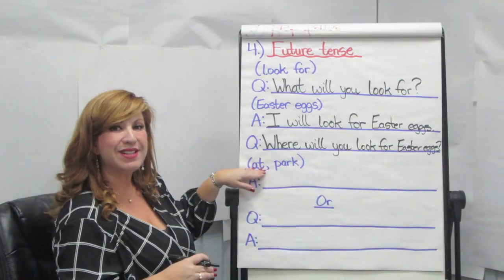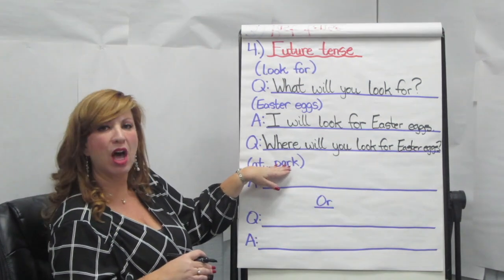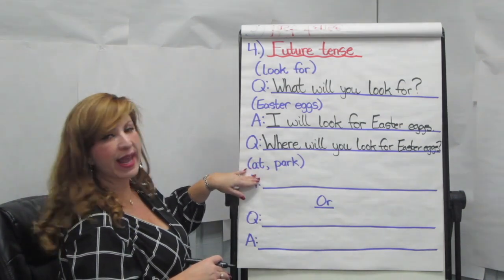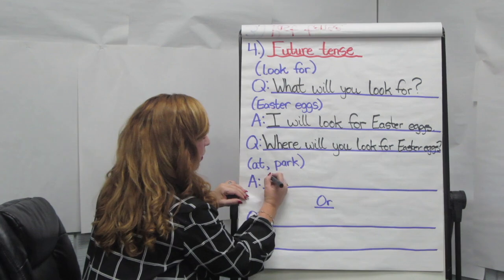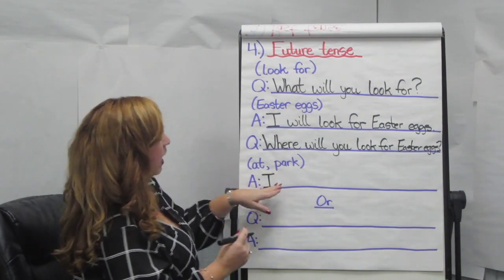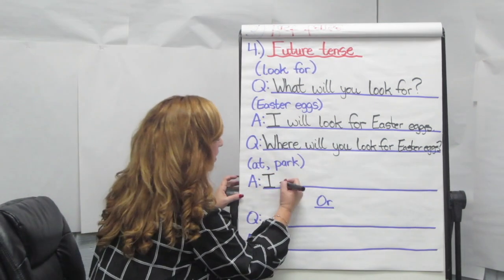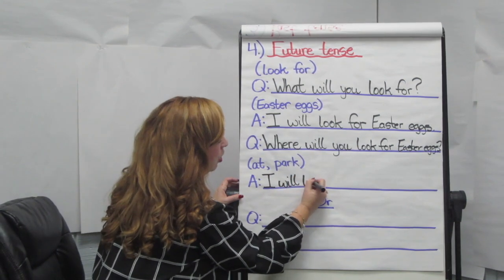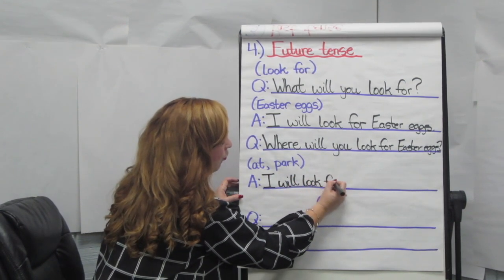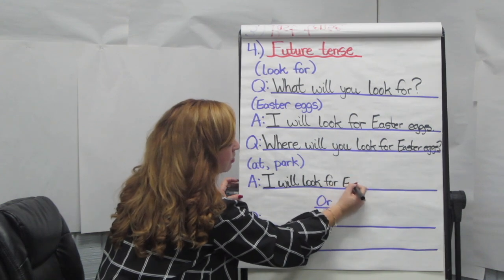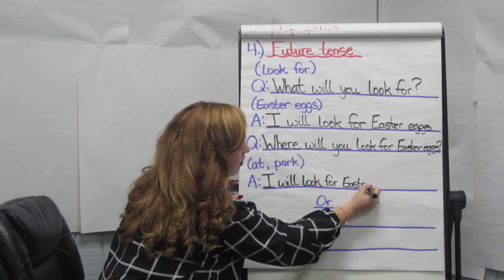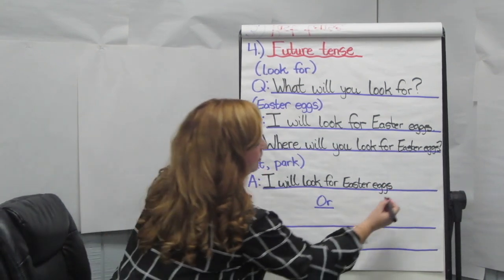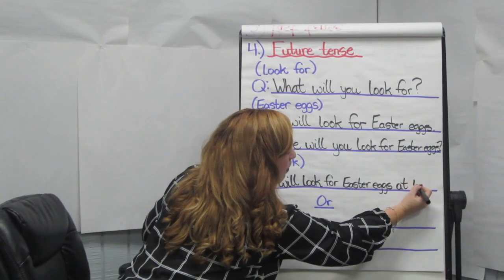And my preposition is at, and the object of the preposition is park. So when I answer, I'm going to answer with I. Again, my helping verb is will because it's in the future. I will look for Easter eggs at the park.